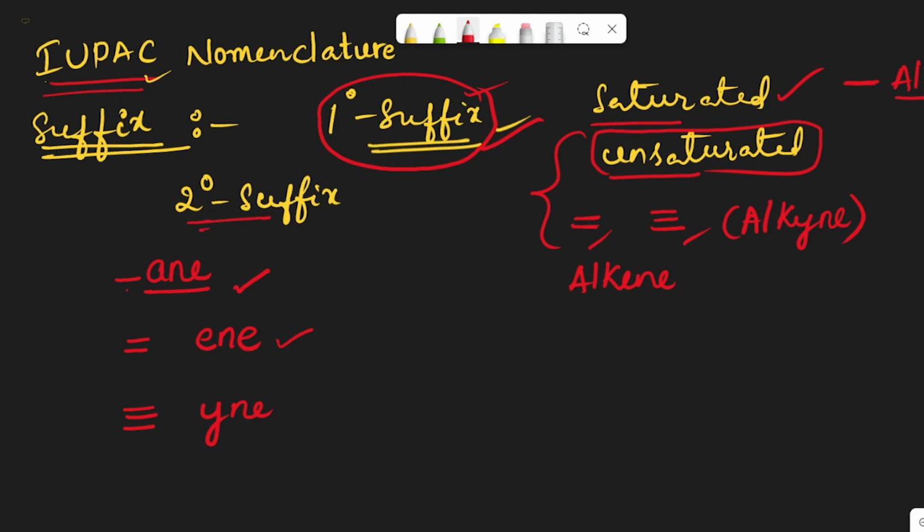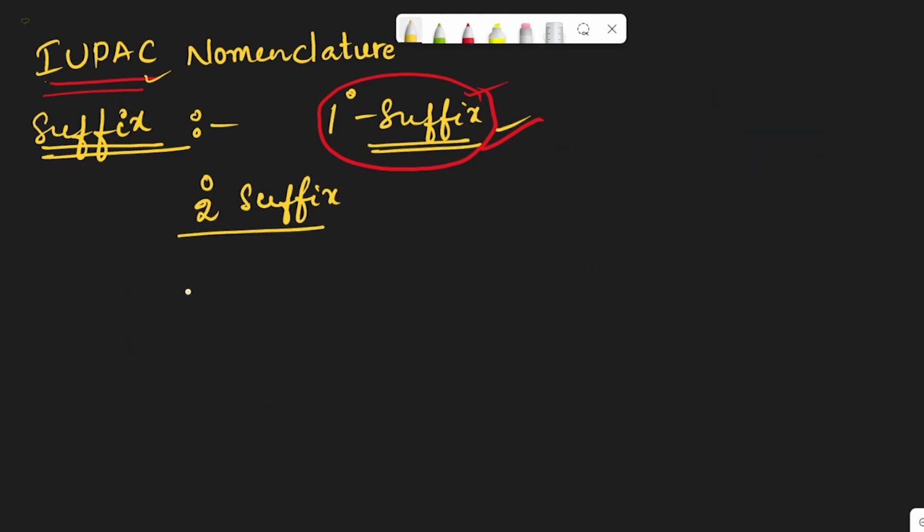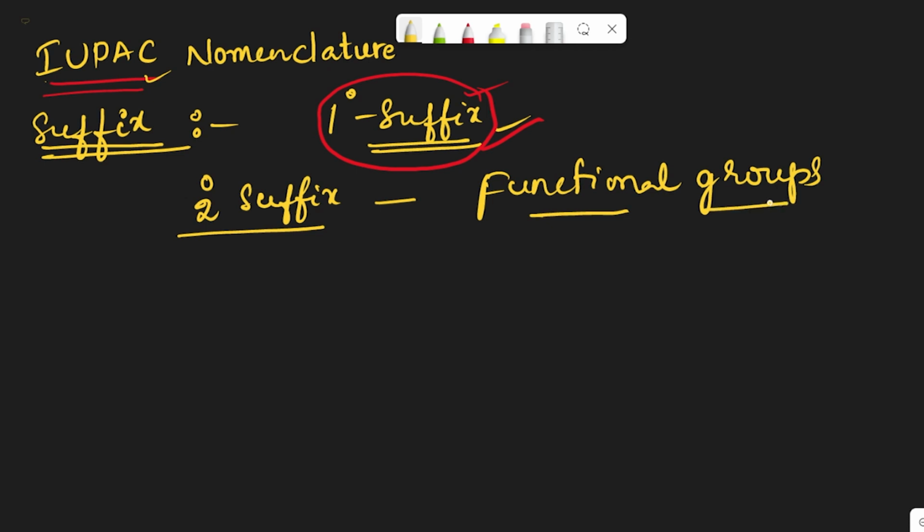Now let us see what the secondary suffix is. The secondary suffix generally indicates the functional groups. There are a number of compounds that act as functional groups.